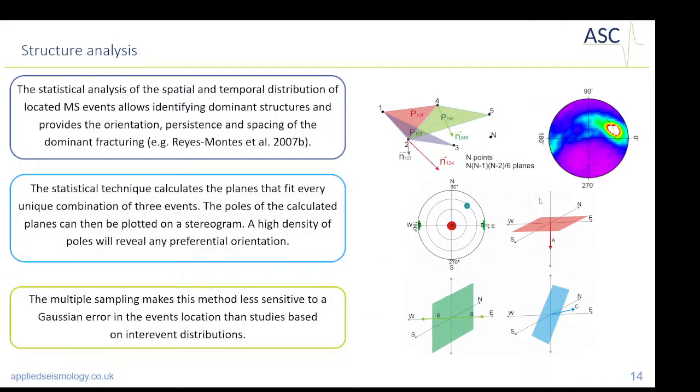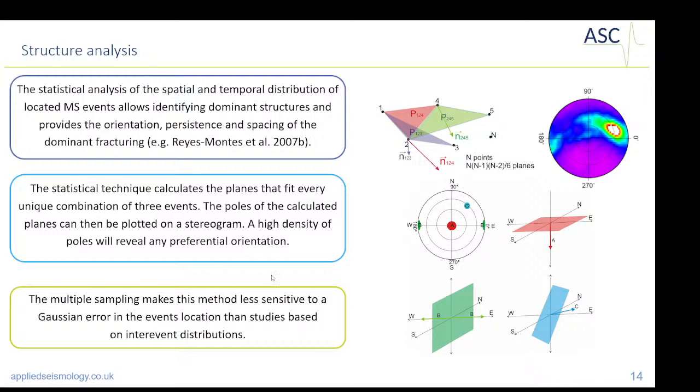We can see here how the results of concentration of poles are interpreted. Concentration of poles in the center will be interpreted as a mostly horizontal distribution of fractures, while on the sides, on the edges of our stereogram, will correspond to a mostly vertical, observed vertical fracture network.